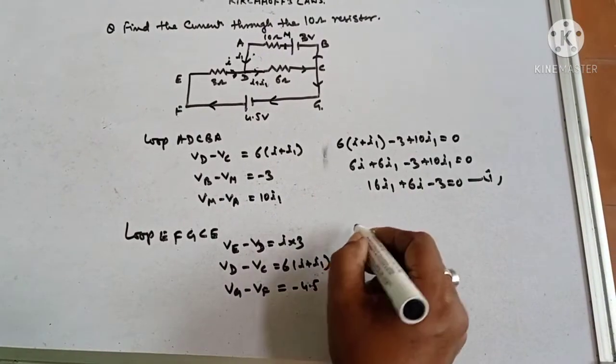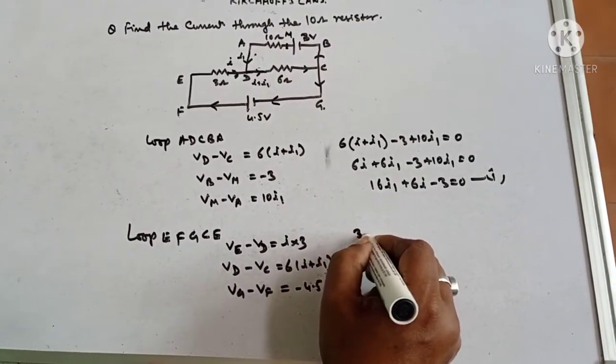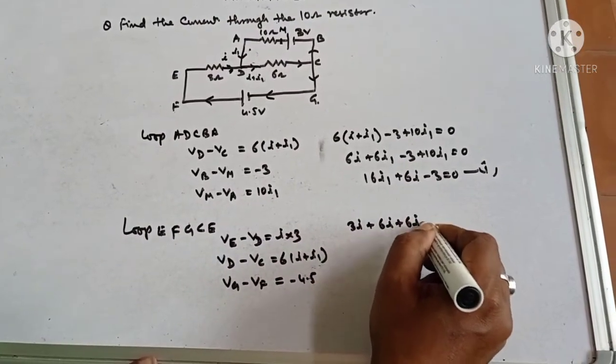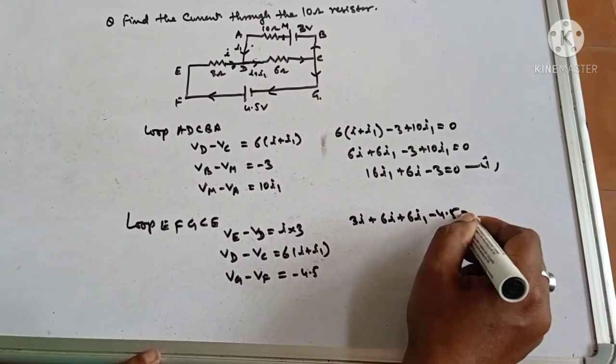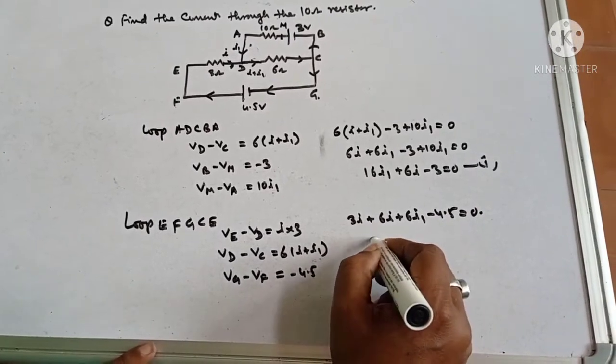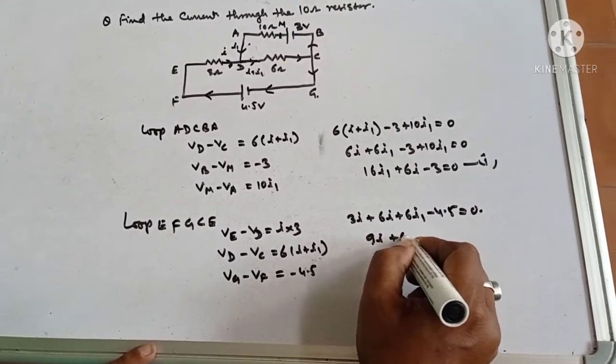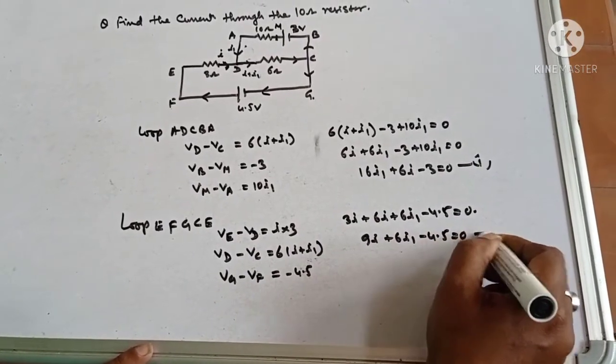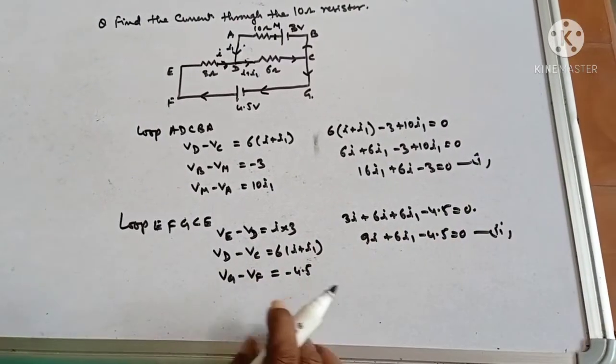Now 3I plus 6I plus 6I1 minus 4.5 equal to 0. So 9I plus 6I1 minus 4.5 equal to 0. This is equation 2.